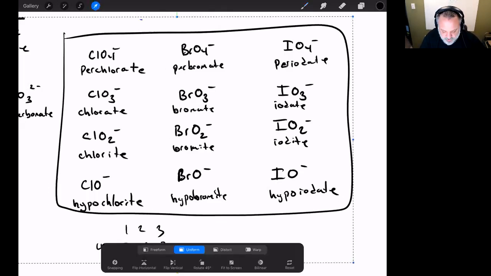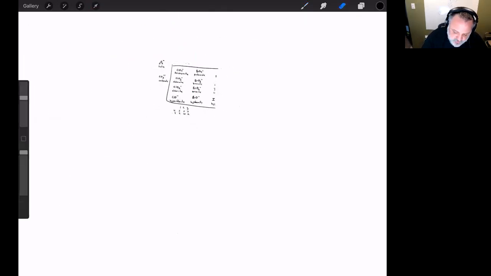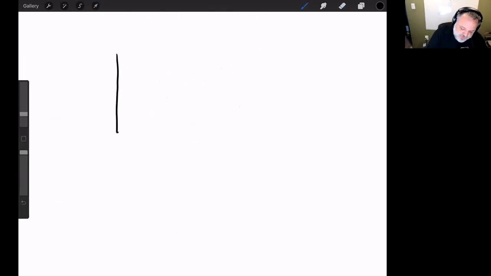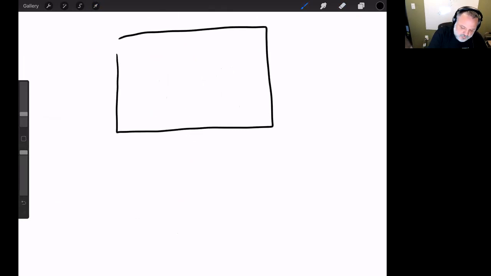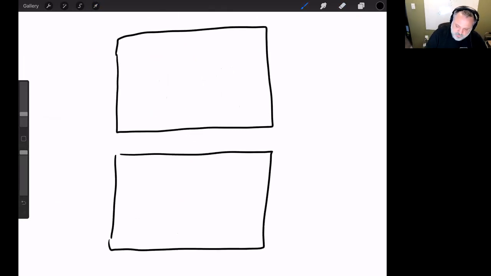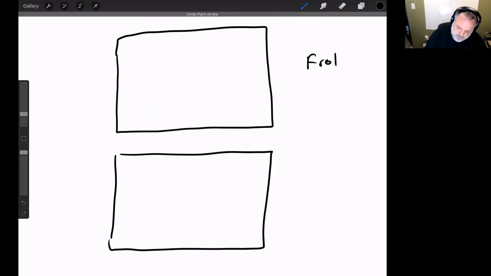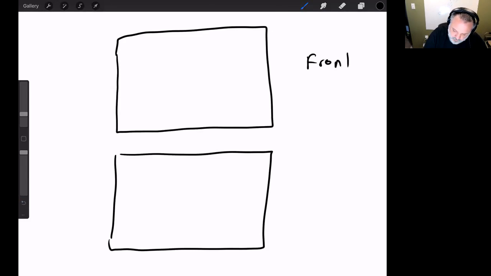And so let me show you what I suggest that you do. And this is just a study method. Get yourself an index card or piece of paper, whatever you want to do. On the front, have the formula.